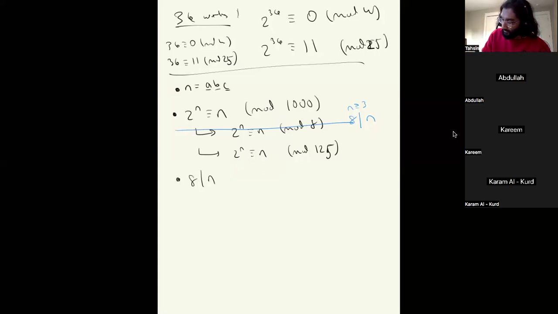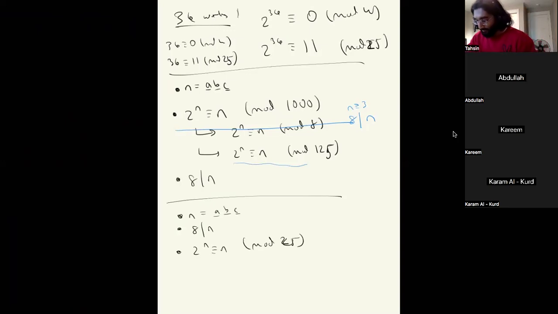This is maybe a little bit hard, so let's instead try n is 3 digits, n is a multiple of 8, and 2 to the n is congruent to n mod 25.